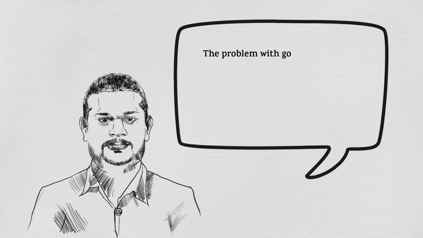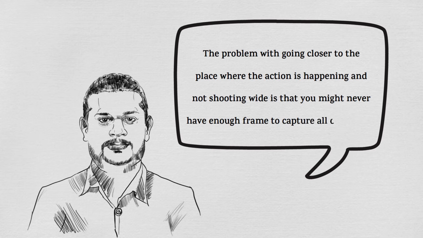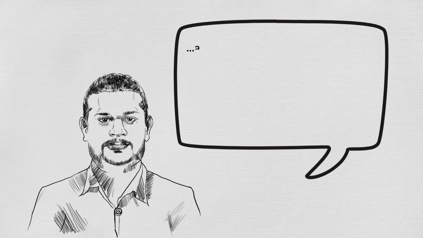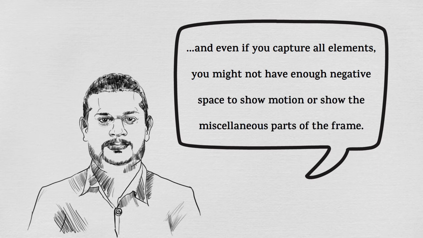The problem with going closer to the place where the action is happening and not shooting wide is that you might never have enough frame to capture all elements, and even if you capture all elements, you might not have enough negative space to show motion or to show the miscellaneous parts of that frame.